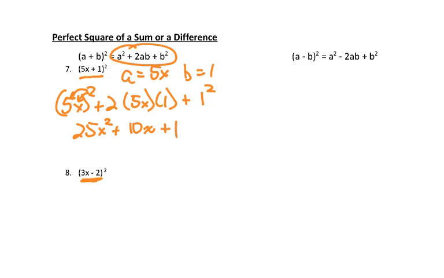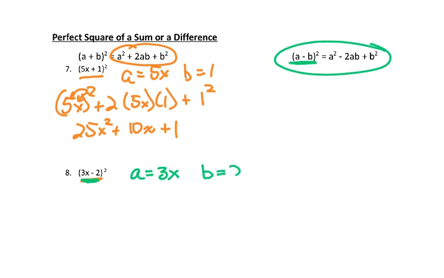Now let's try a perfect square with a difference, right? 3x minus 2 all squared. We're going to use this formula. And now let's identify what our a and our b are going to be. Our a will be 3x, and it's a minus b, so our b will equal 2.